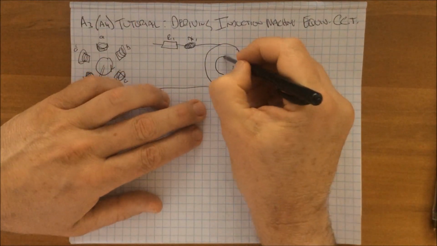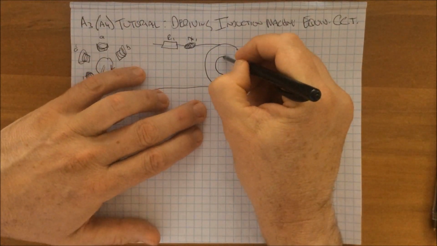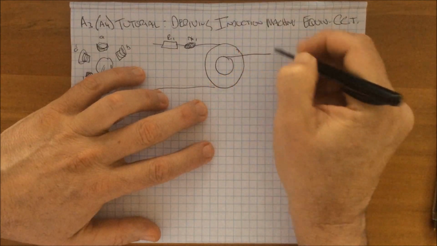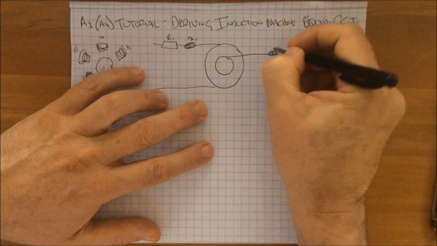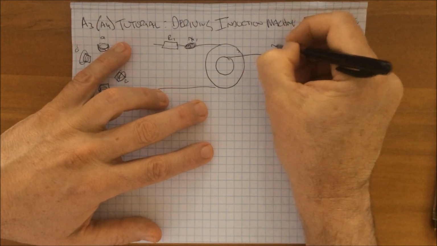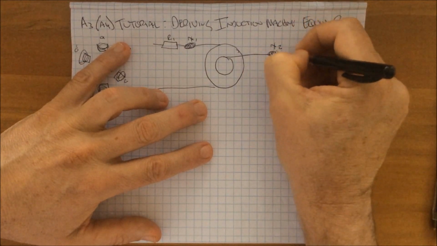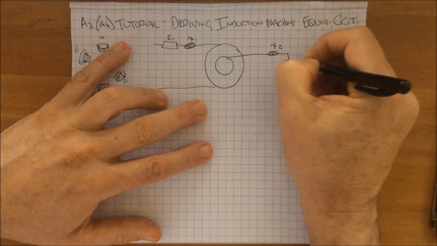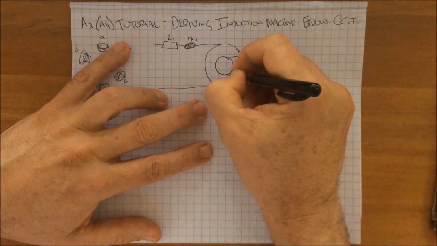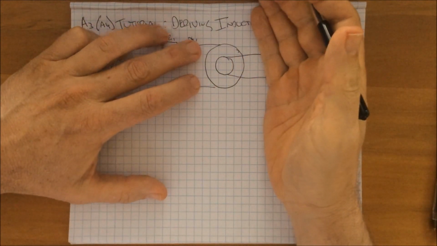And we do the same with the secondary, with the rotor. We take all of those values out and we have a perfect rotor with all the inductances brought out here and all the resistances brought out here. And now that's perfect.